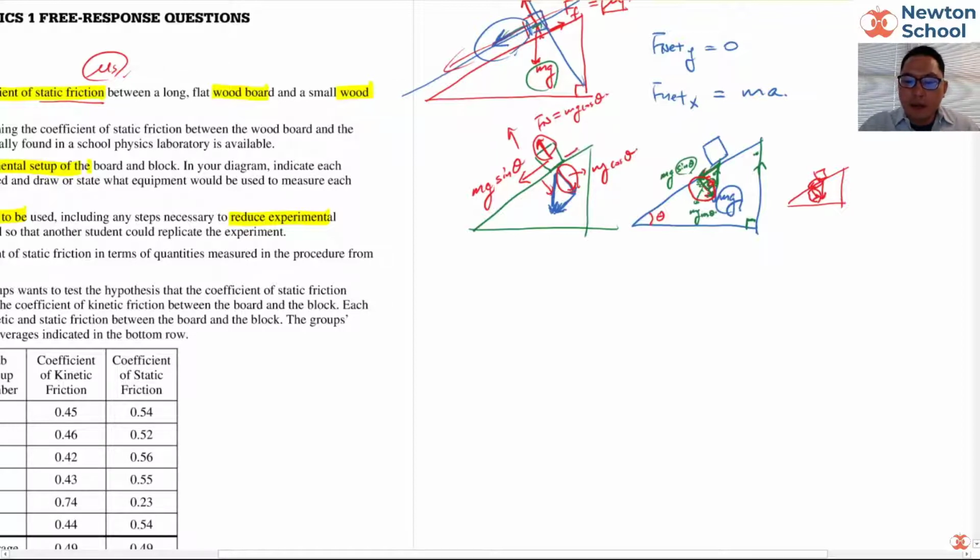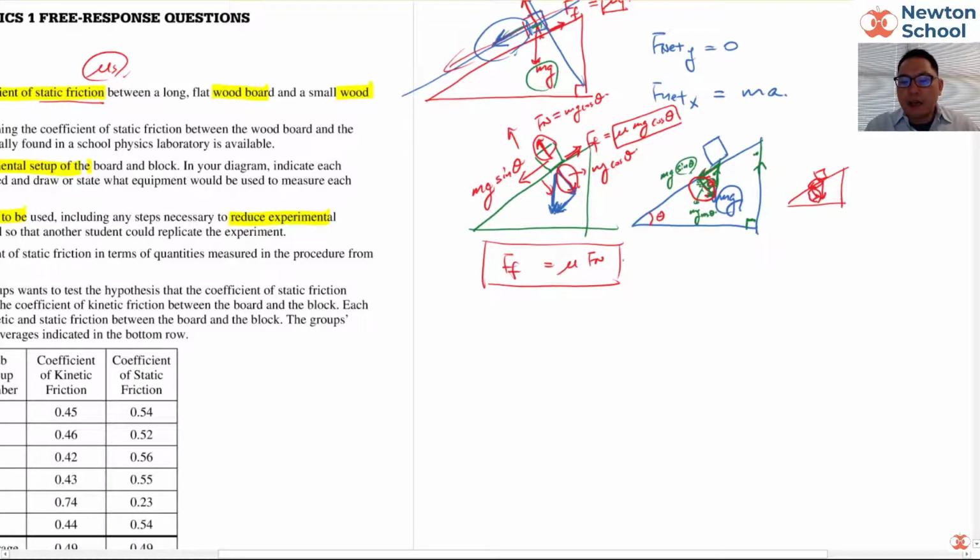And then you have the force of friction. Now, the force of friction will be mu mg cosine theta, because force of friction is mu Fn, right?